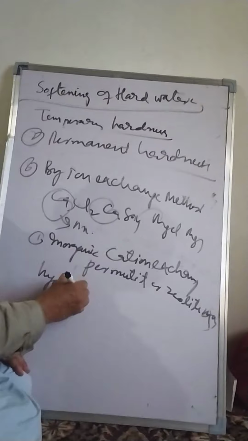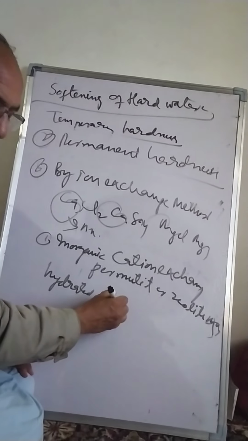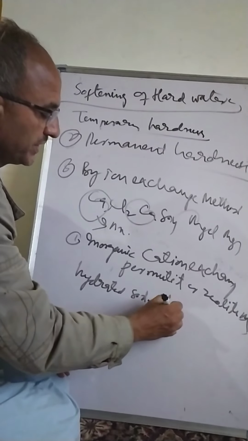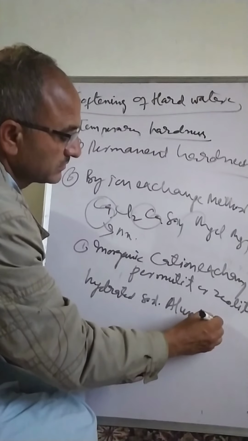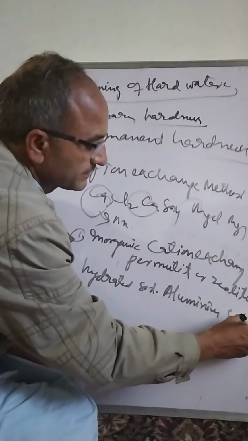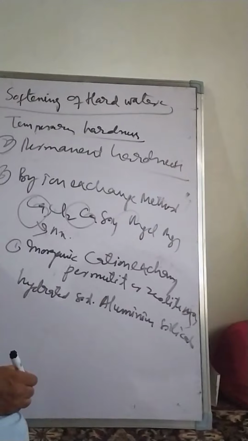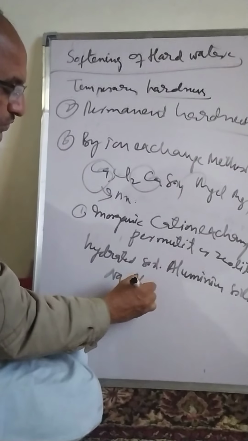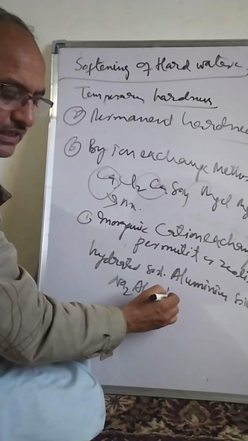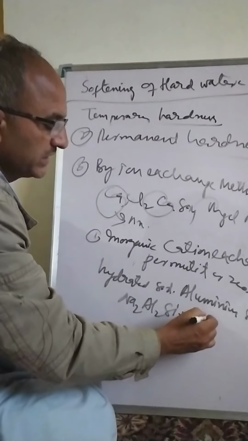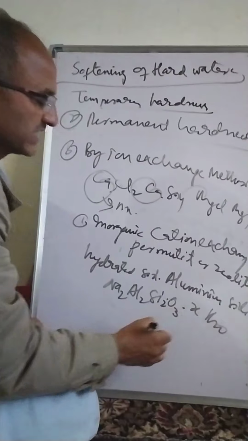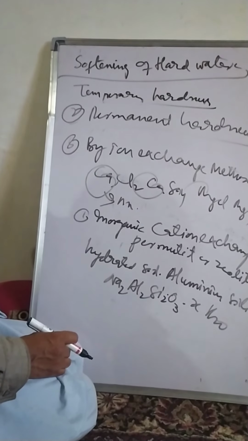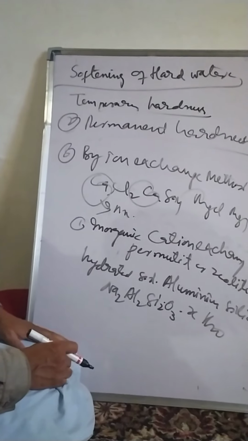Hydrated sodium aluminum silicate. Its formula is Na2Al2Si2O8·xH2O.